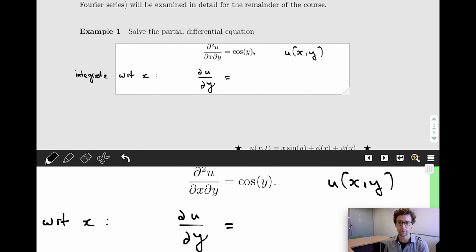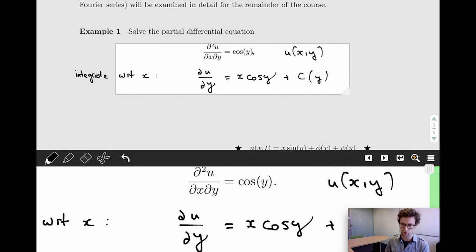Well, y is going to be treated like a constant, so that's going to give me x cosine y. And I also need to include a constant of integration. But because this is partial integration, that constant could depend upon the other variable. I'm integrating with respect to x, so this could depend upon y.